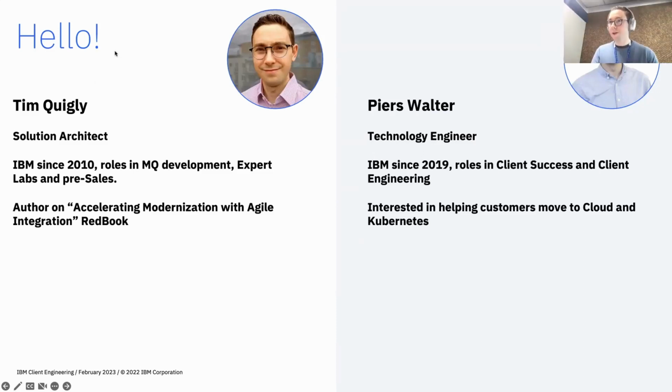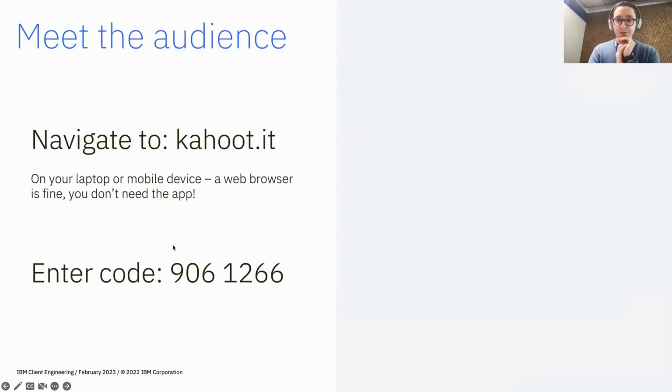Perfect, thank you, Piers. So that's us introduced to you. But what we thought would be good is if we could get to know you a bit as well, just so we know who we're talking with today. Hopefully everyone can see in the chat, there's a link to join our little survey/quiz on Kahoot. I've just posted it again in case you didn't see it.